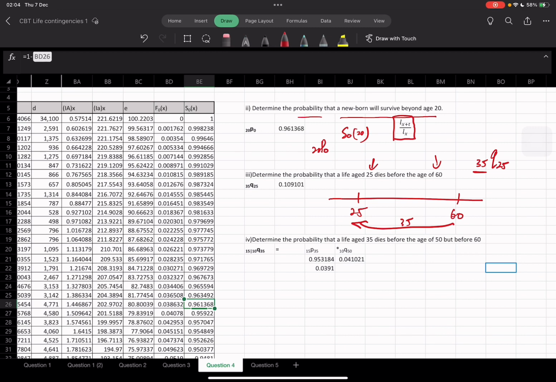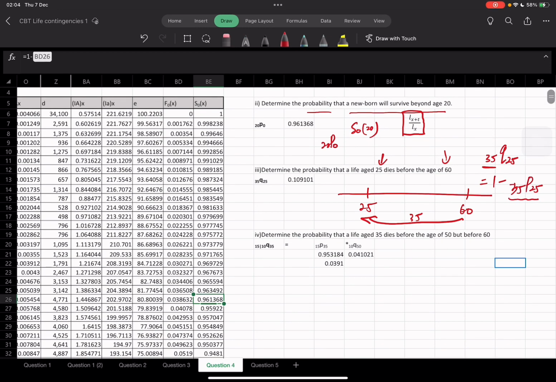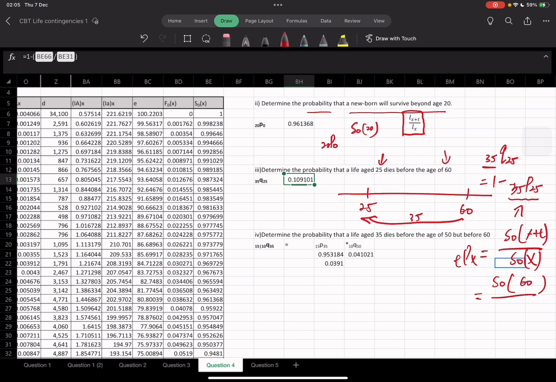We can obtain 35q25 with 1 minus 35p25. For 35p25, you know that it is S naught x plus t divided by S naught x. This is tpx. So you can divide S naught 60 by S naught 25.